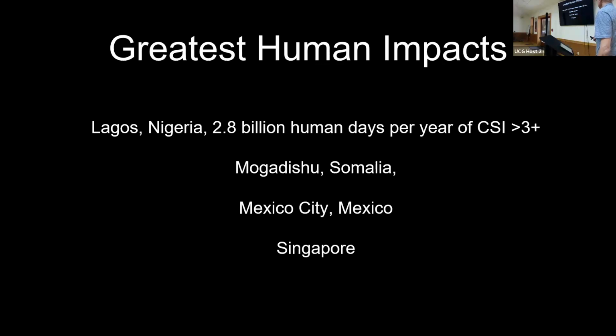And not surprisingly, Lagos, Nigeria, with a high concentration of population, had 2.8 billion human days where the CSI index, that scale, exceeded 3 on the positive side. So that means they were really roasting. Mogadishu, Somalia, and Mexico City, Mexico, are some of the others in the top 10.